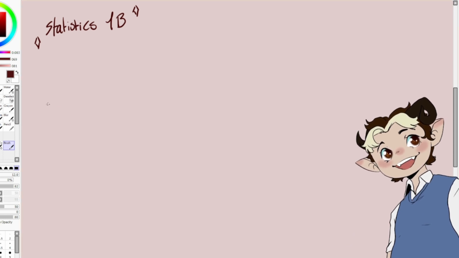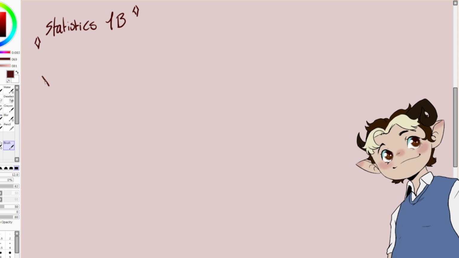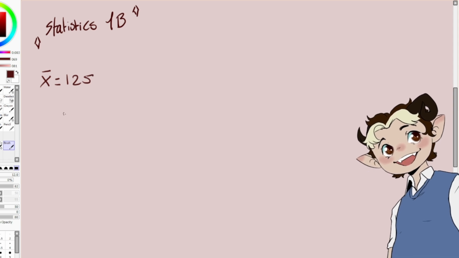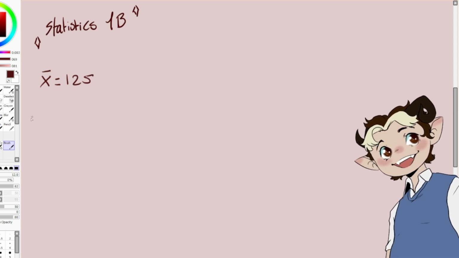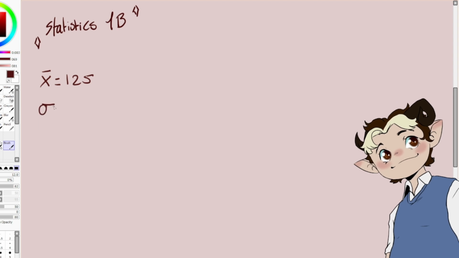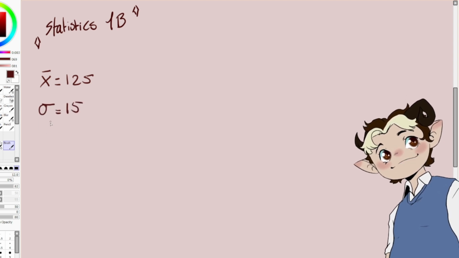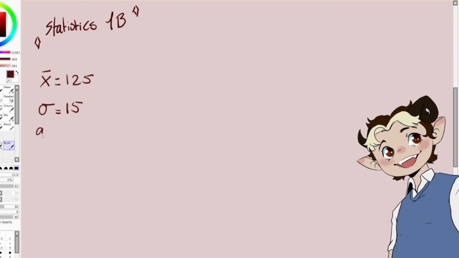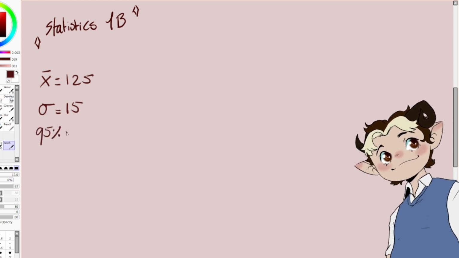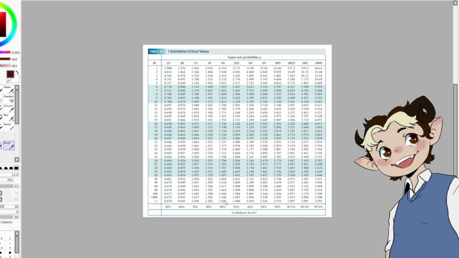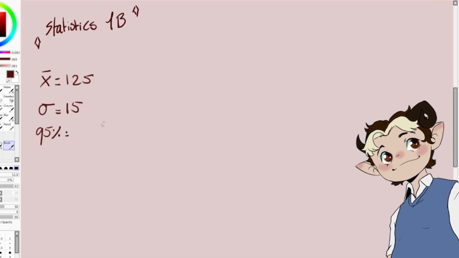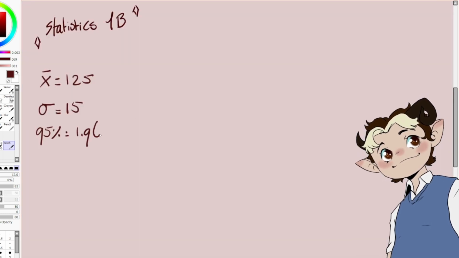Let's go back to our very smart people that had a mean score in our sample of an IQ of 125, which is pretty high, but you know, whatever. Then we have our 15 standard deviation. We want to have a 95% confidence interval. So if we check here again, we see that's 1.96.